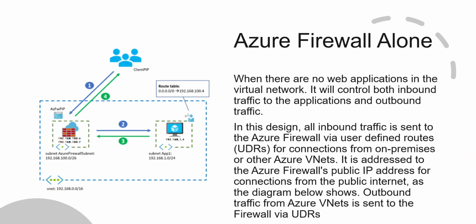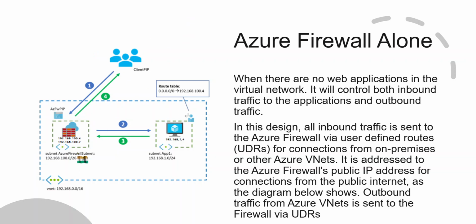So if you go with just the Azure Firewall alone, where there is no application gateway, then the entire traffic routing is carried out by the Azure Firewall itself. You can see here in the design, the inbound traffic is sent to the Azure Firewall. We're using user-defined routes.